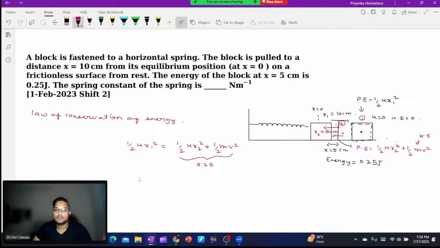So 1 by 2 k into x1 value is what? 10, 0.1 whole square. Then I forgot the whole square. Silly mistake you have done. K is equal to 2 into 0.25 whole divided by 0.01. Get the answer. But I am getting 50.